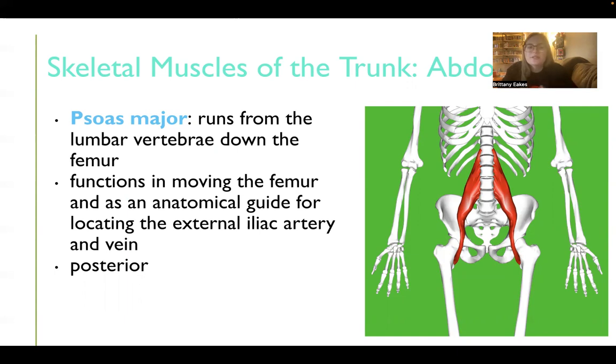So the psoas major will run from the lumbar vertebrae down the femur, and this will move the femur, and it acts as an anatomical guide for locating the external iliac artery and vein. It's also a posterior muscle. So just wanted to highlight that one again.